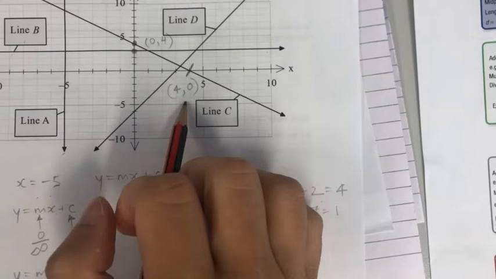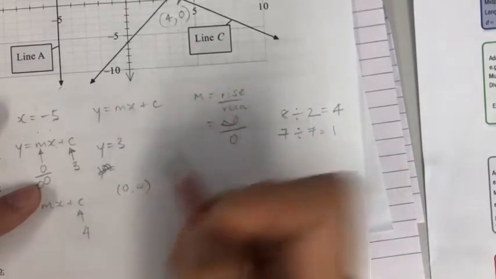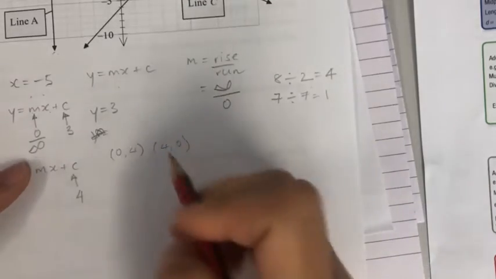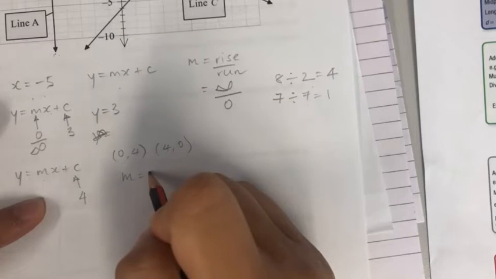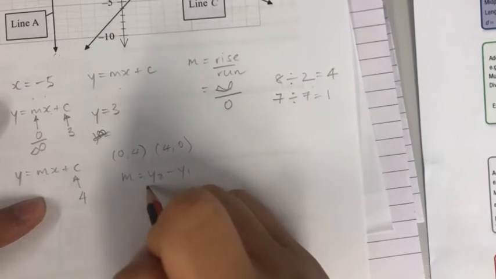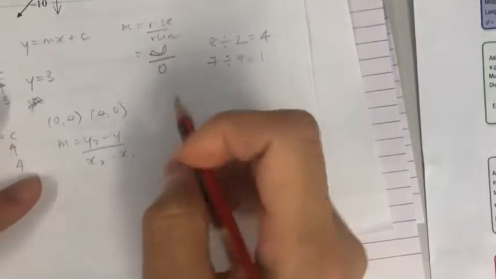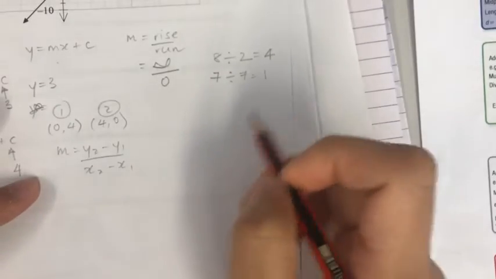I can now use that to plug into the formula. So I have 2 coordinates which are both intercepts, and the formula is y2 minus y1 over x2 minus x1. Let's call this position 2 and that 1.